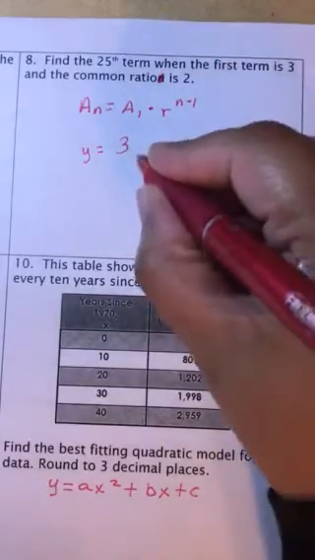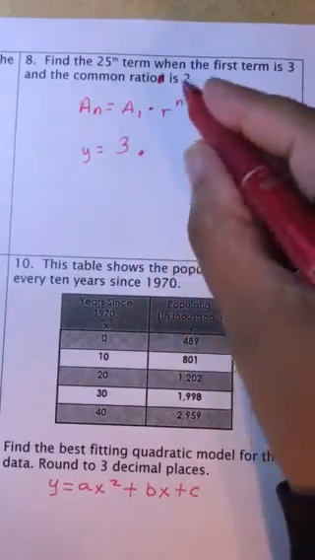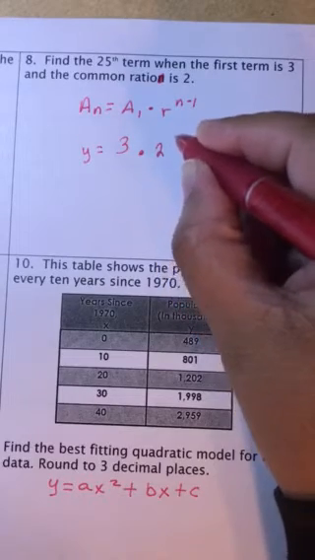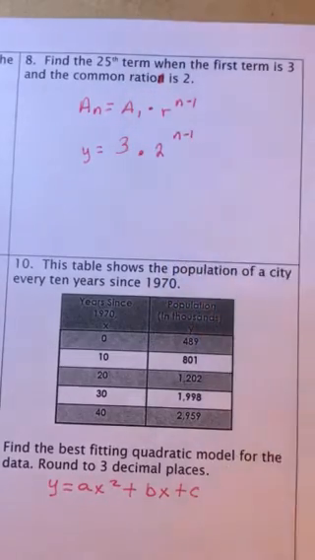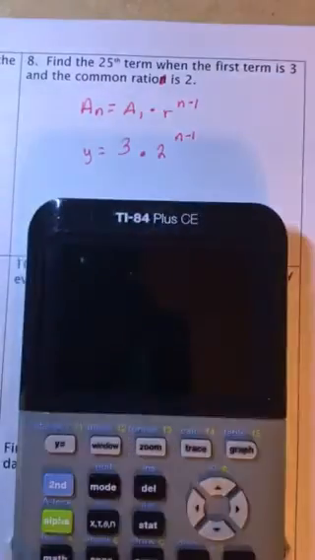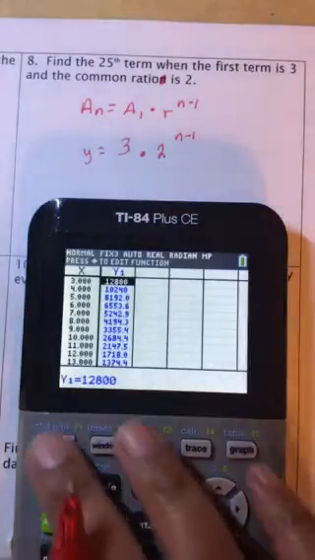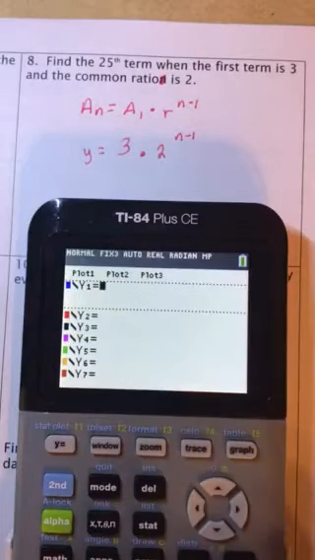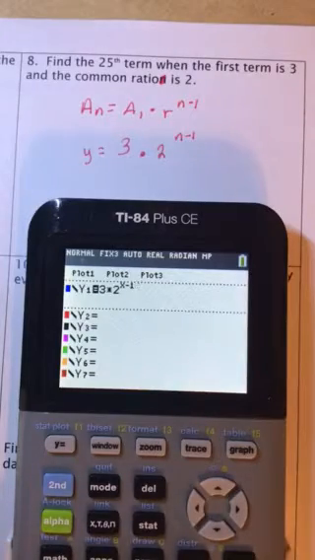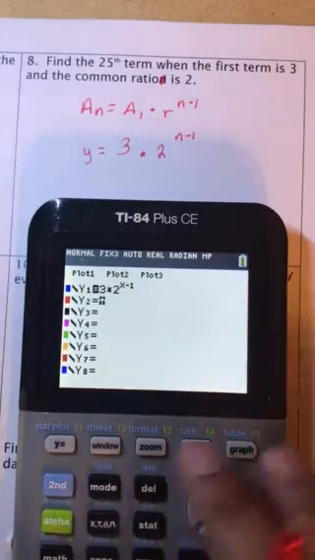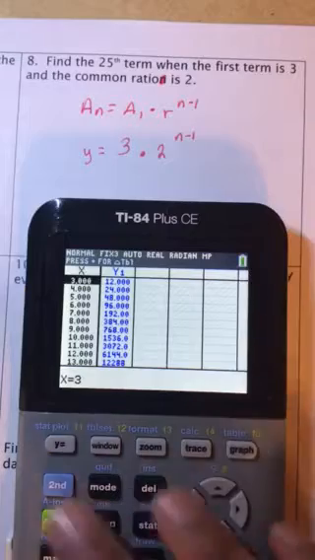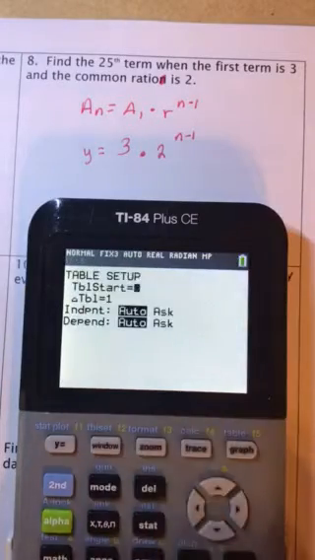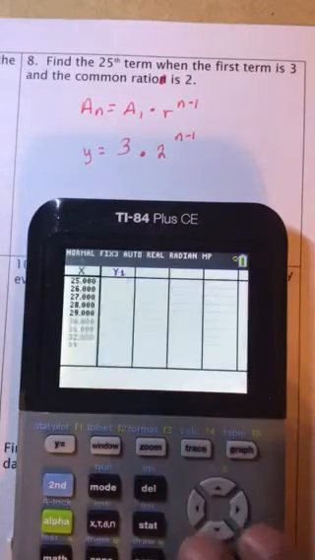So 3 times our common ratio, which is 2, and then n minus 1. So we're going to go to y equals and plug that in. I'm going to type in 3 times 2 raised to x minus 1. And now I'm going to go to second graph, and I want to go to the 25th term.